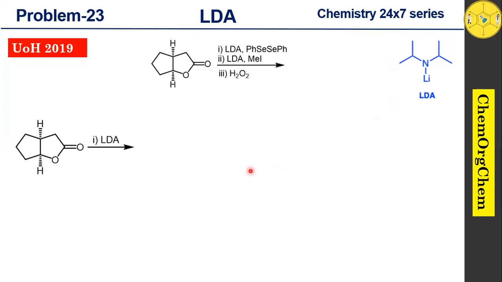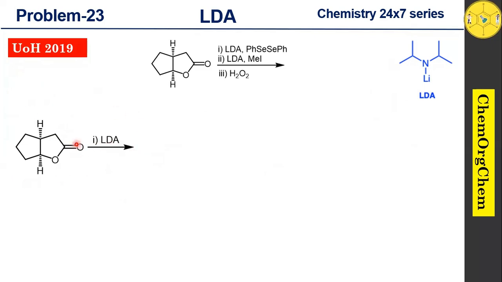Generally, LDA is useful for the generation of enolate ions by abstracting the proton from less hindered sites. This is one example of using LDA to generate the enolate ion and its further transformation. Additionally, LDA can be used to abstract a proton from a benzylic position and even an acidic proton on an aromatic ring.